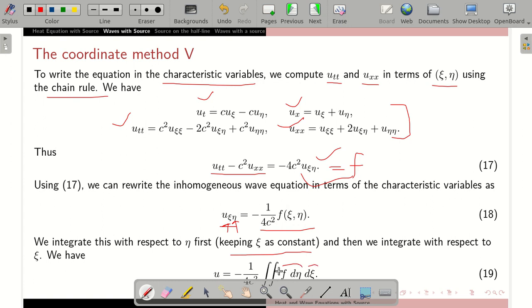I am putting the double integral here, and the main aim is to write the limits of the double integral in the proper manner. Now this u is a function of xi and eta, and the right hand side f is also a function of xi and eta.